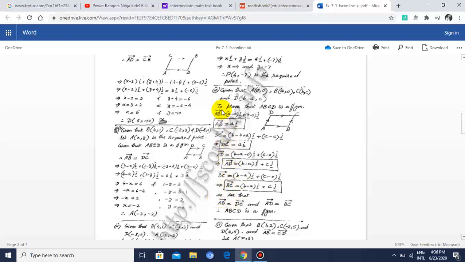So by these 4 equations, we have cleared that AB is equal to DC and AD vector is equal to BC vector. Hence, the shape formed by the points A, B, C, D is a parallelogram.